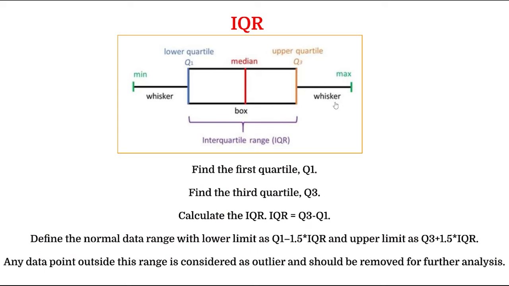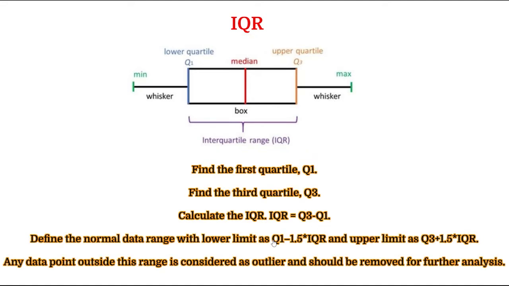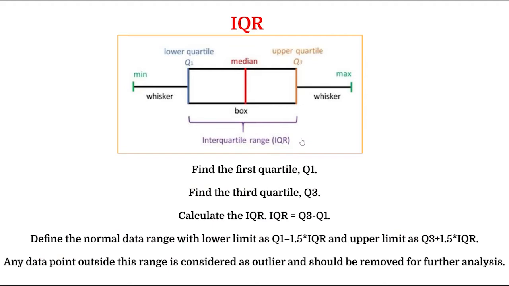Any data point outside this range is considered an outlier, and it is the user's decision whether those outlier points should be removed from further analysis.